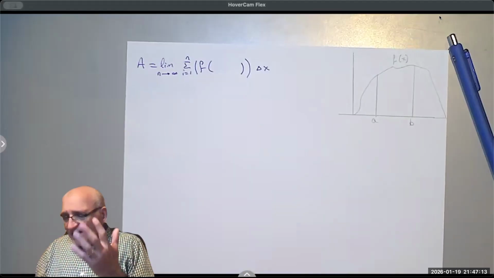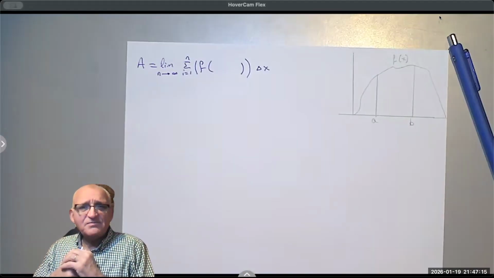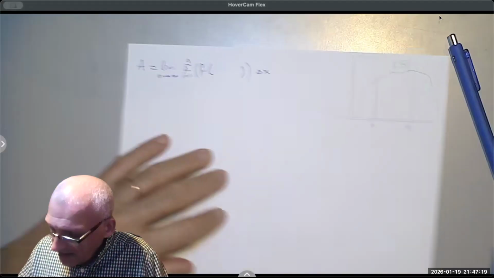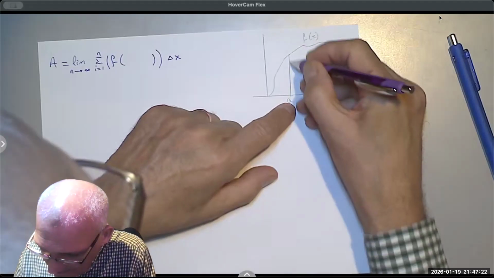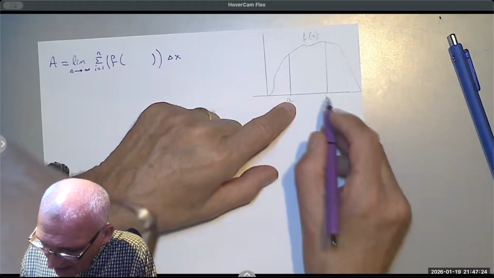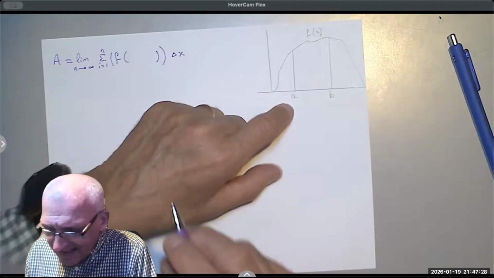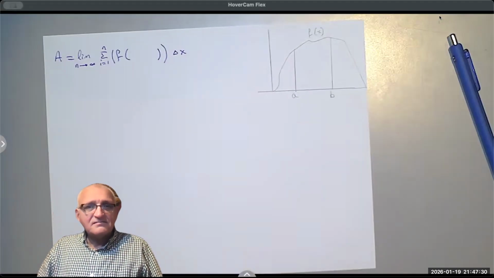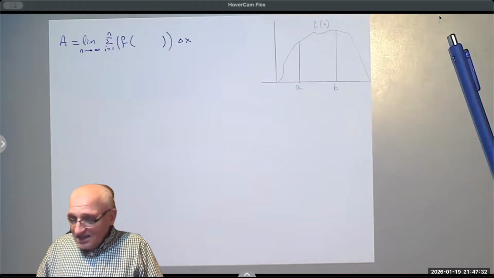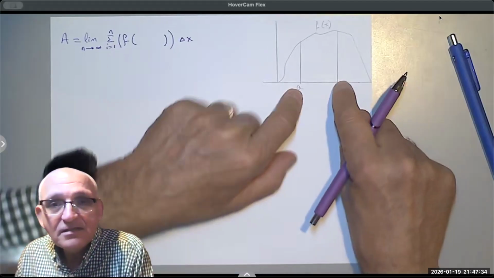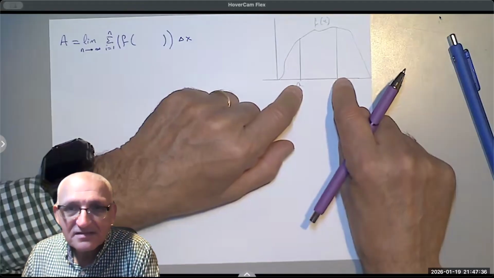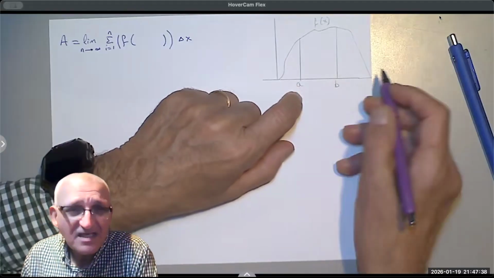What is this thing? How do I write it in terms of A and B? Well, the first one is A, and its base is delta x. But what is delta x? It's very easy. The total base of this shape is b minus a, right?